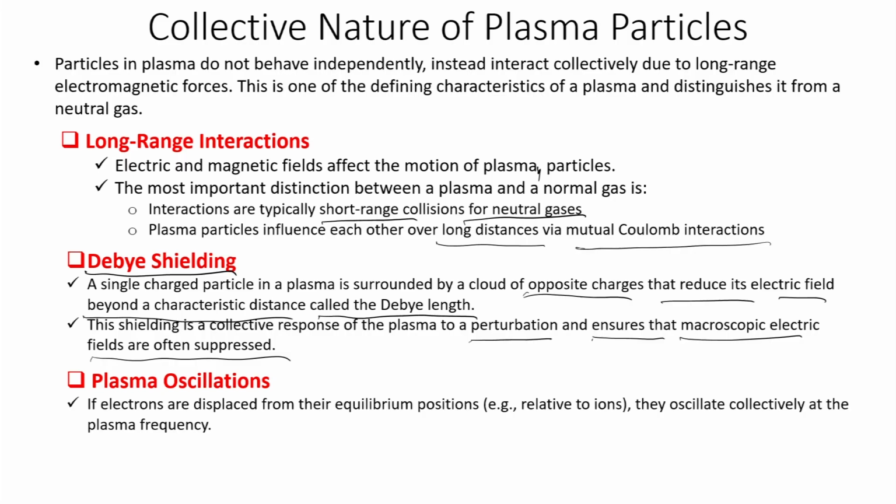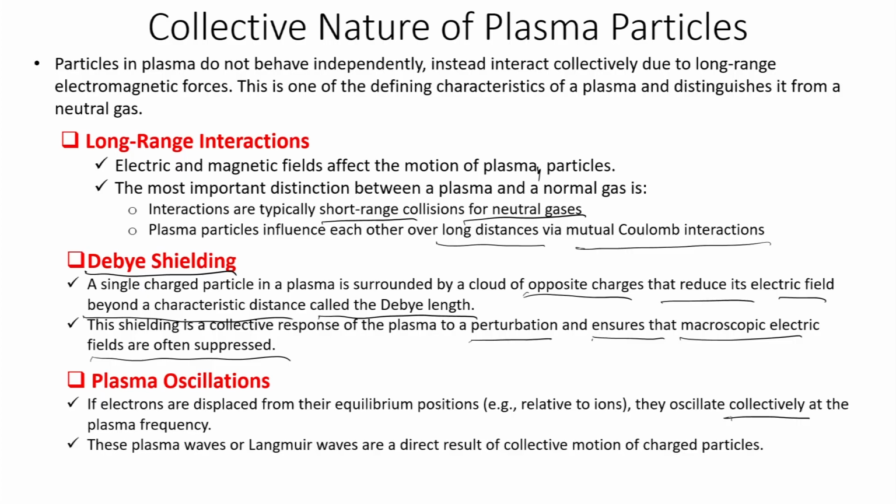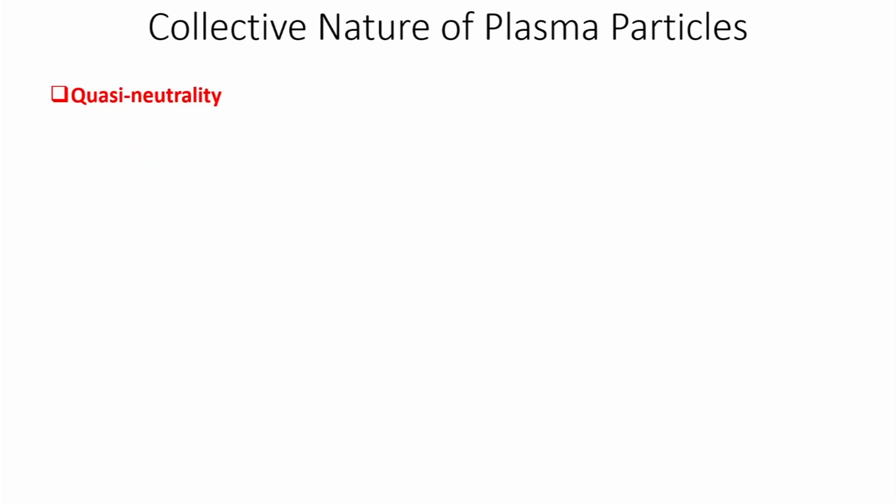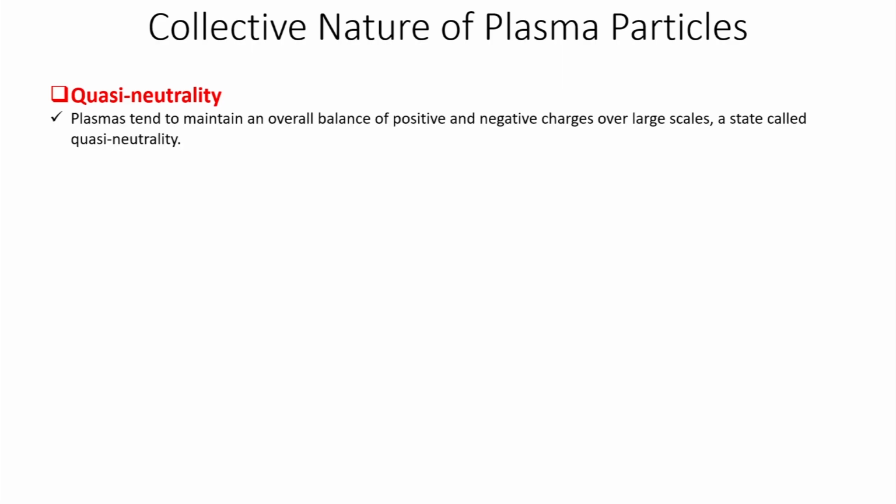Then we have seen the plasma oscillations. If the electrons are displaced from their equilibrium positions relative to the ions, they oscillate collectively, localized at the plasma frequency. These plasma waves, also called Langmuir waves, are the direct result of the collective motion of the charged particles. Now, quasi-neutrality, which we already discussed: plasma tends to maintain an overall balance of positive and negative charges over large scales, and that is called quasi-neutrality.